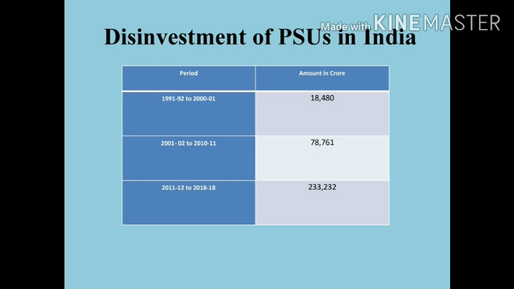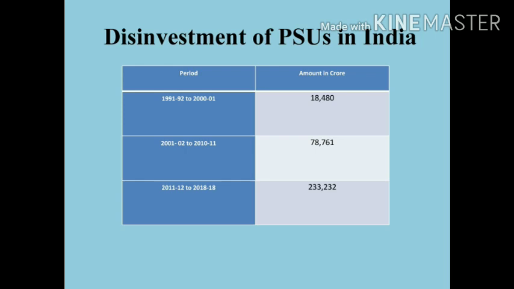From 2001 to 2010-11, the revenue realized through the sale of public sector undertakings was 78,761 crore rupees, and that jumped to 2,33,232 crores in 2011 to 2018.